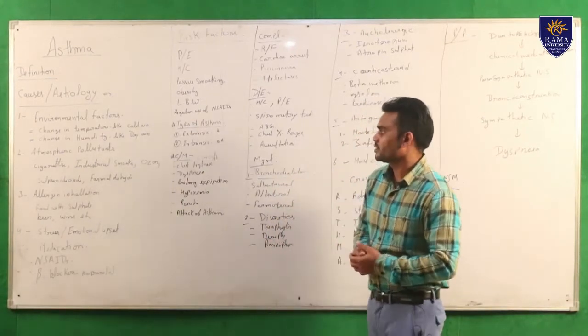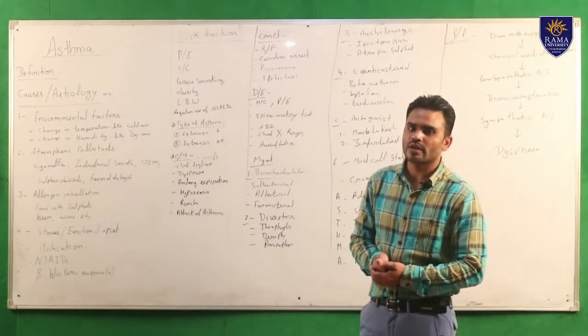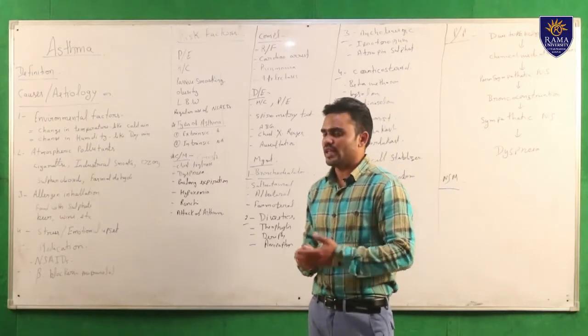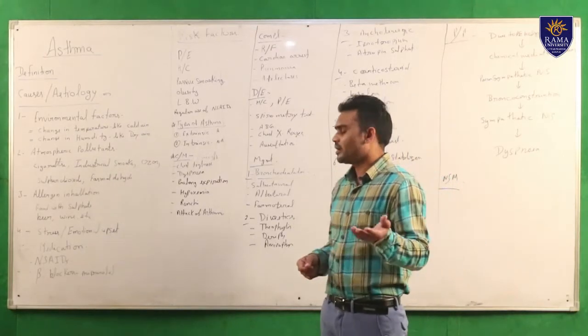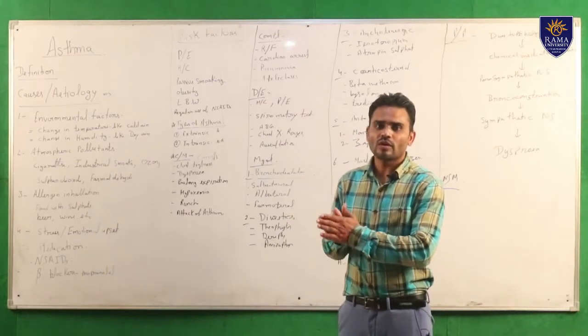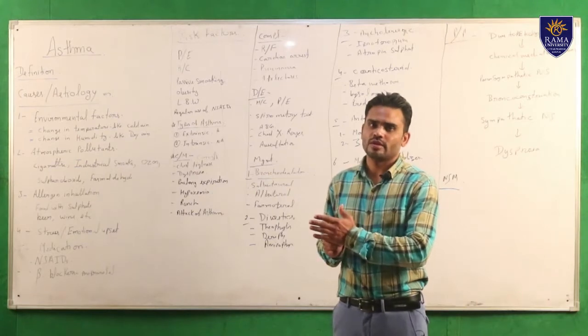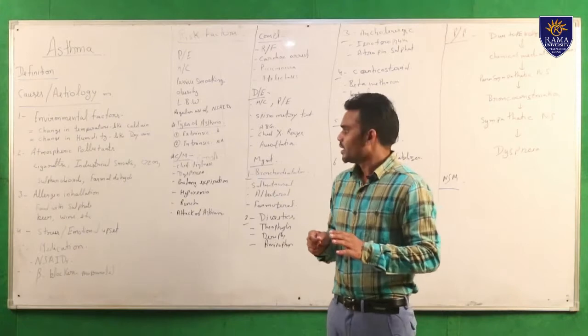Now clinical manifestations and salient symptoms. What are the salient symptoms for the asthma condition? Chest tightness will happen, and regular cough, and early morning or all night cough may happen.